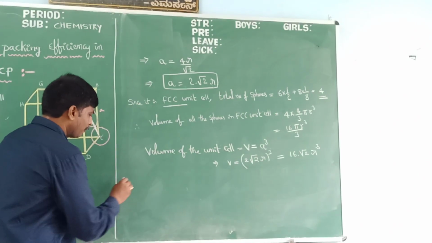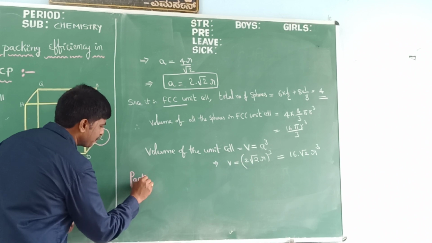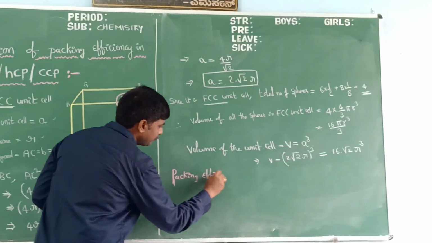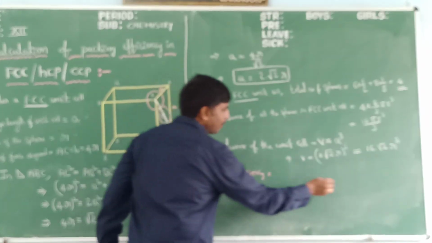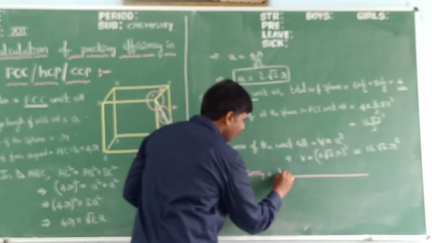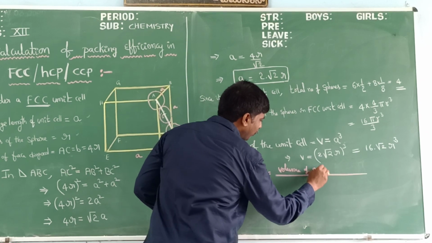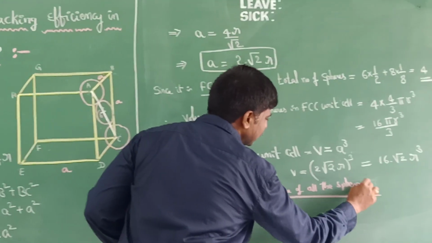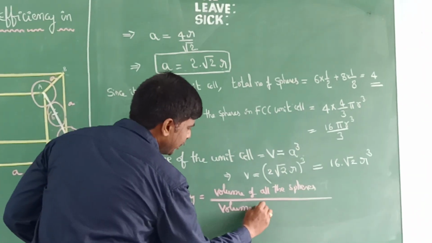Now last step, final step, packing efficiency. Packing efficiency is equal to, what is the formula? Yesterday in class I explained packing efficiency. Volume of all these spheres by volume of unit cell.